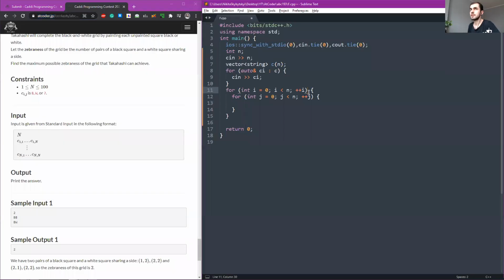So I will take another. I'm not sure once again if this is going to work. Hear me out. What if we compute for each cell, what is the max number of, it's not going to work.